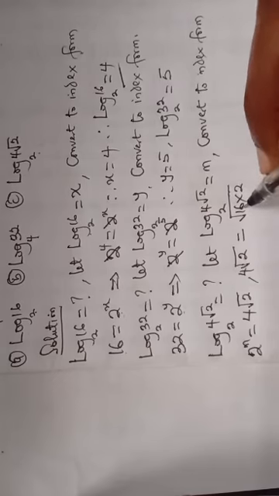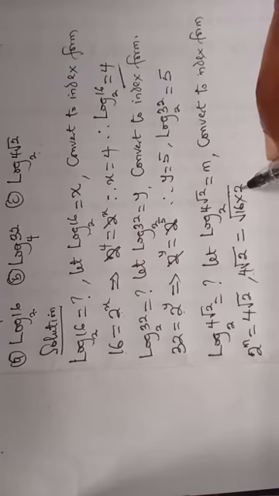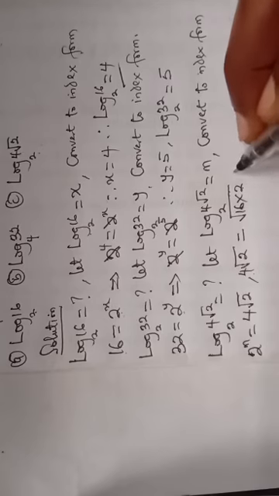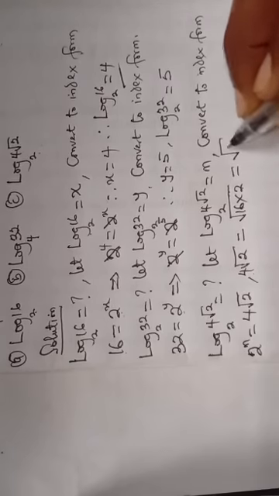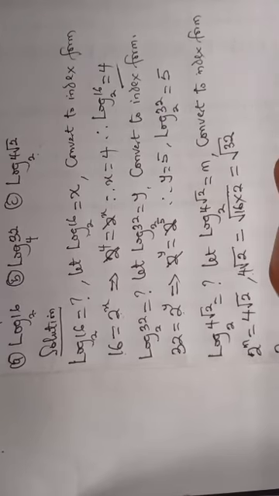Square root of 16 is 4, that is 4 outside, then 2 remains inside. Is that okay? So this is the same thing as saying square root of 32. It means that 2 power m is equal to square root of 32.